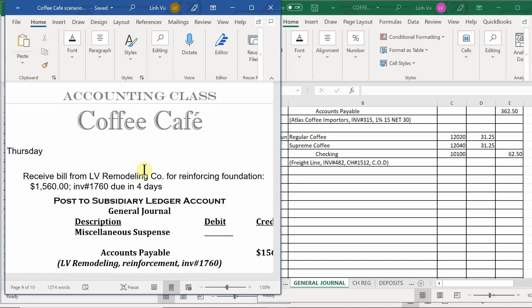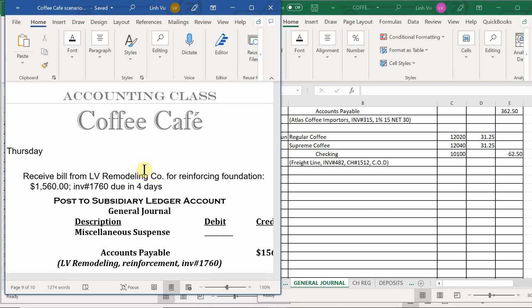Whoever the accountant is, I was the accountant, I told you let's just put it in miscellaneous expense because I still have work to do on the coffee grinder. It's not ready yet. I don't know what the total amount is because I still have work that needs to be done on it. So I just put it in that placeholder account until I am ready.